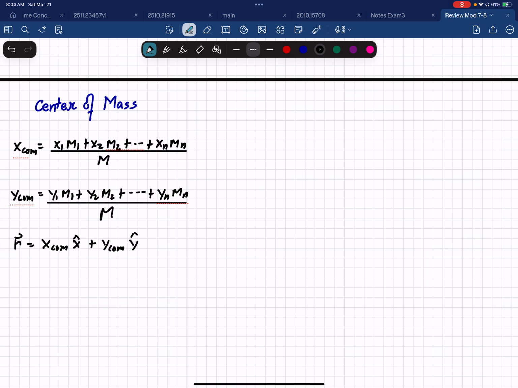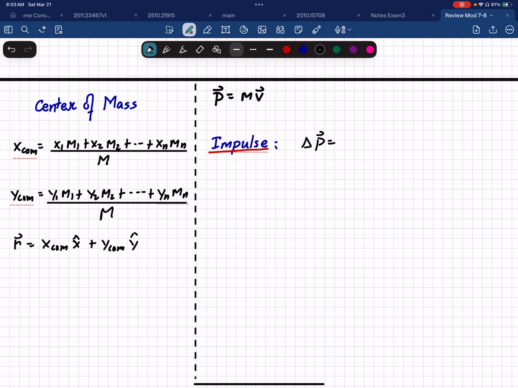The second thing we understood, which follows from the concept of momentum itself, m times v, constitutes two concepts. One is impulse, which is the change in momentum.